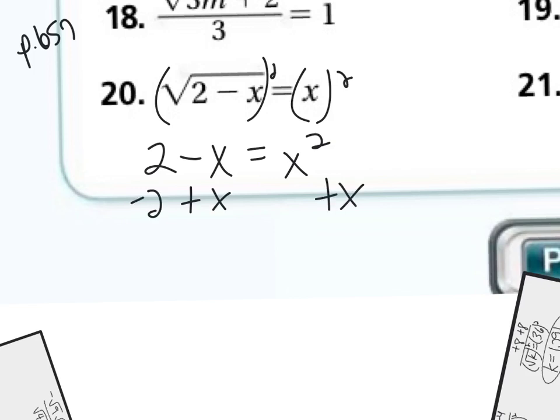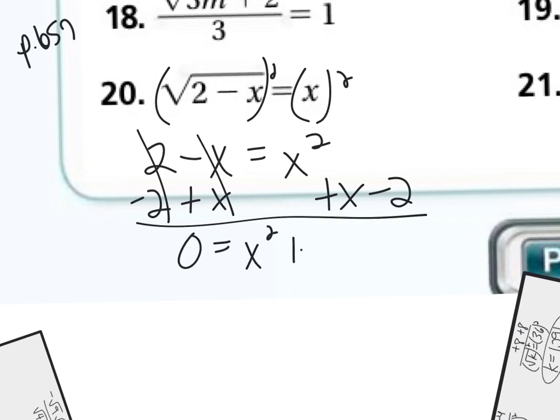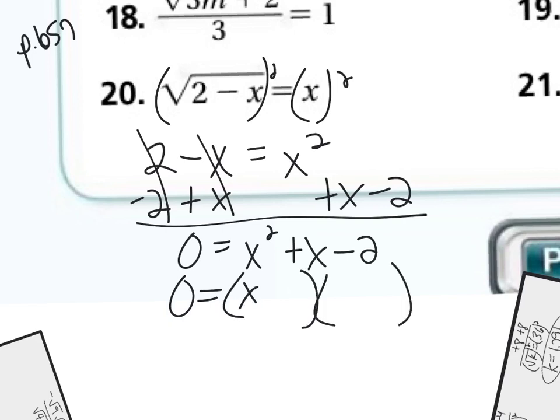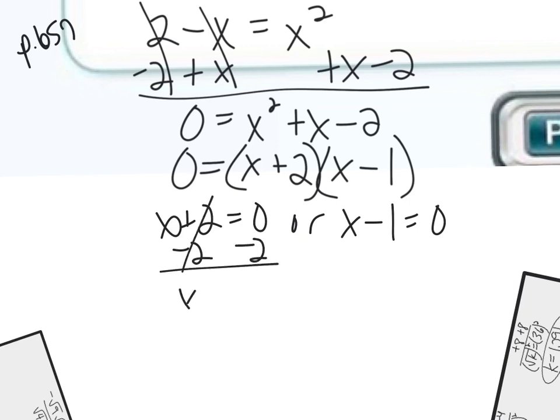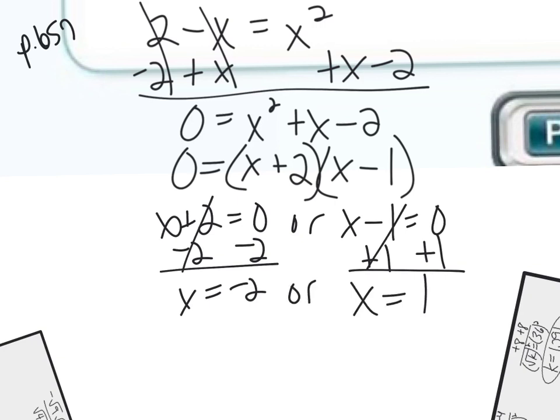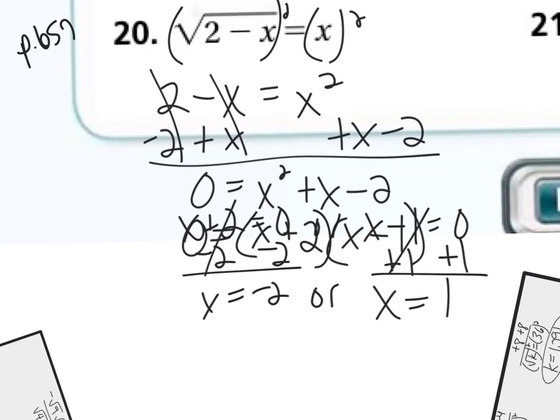This one, we are creating a squared term. So set that equal to 0, and then you can factor that. So that would say either x equals -2 or x equals 1.